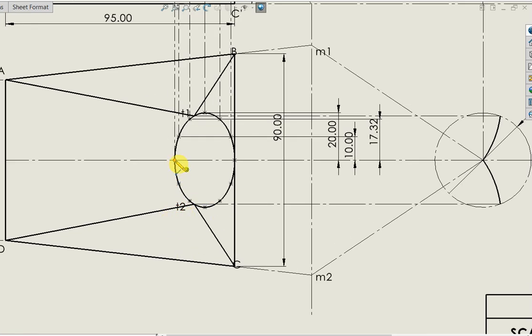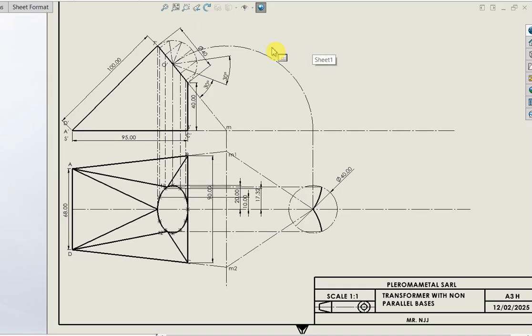I'm going to draw lines from here. So this is the working drawing of the lower base. We can complete the working drawing with construction lines from the various points.